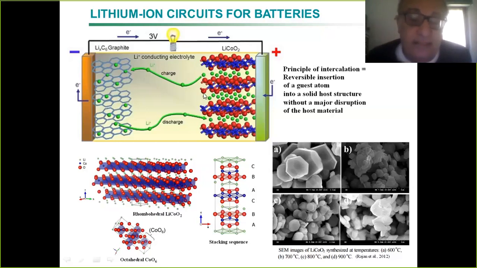And it is interesting, that structure, because that structure involves the creation of precise crystal structures.